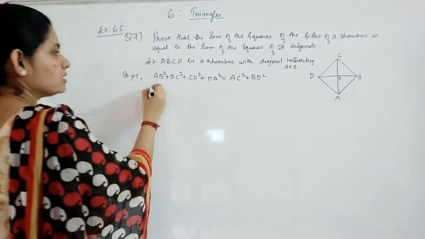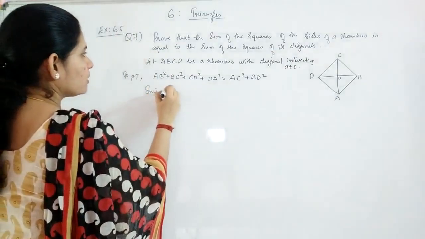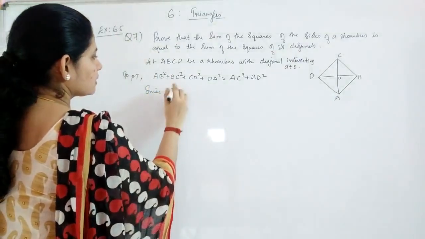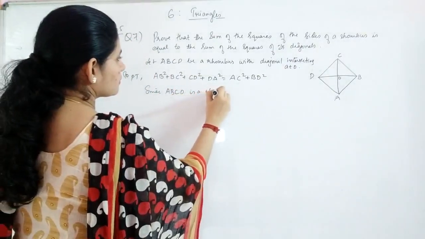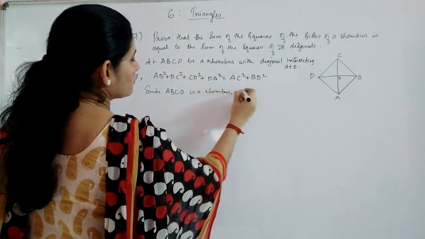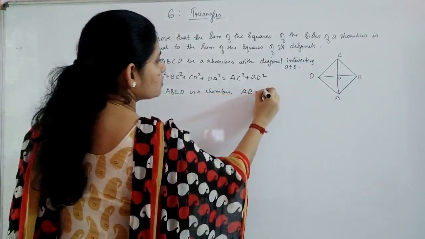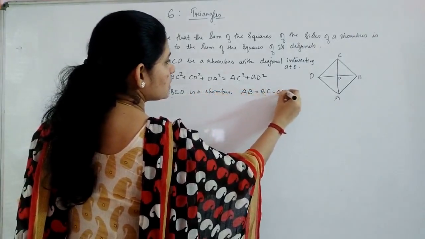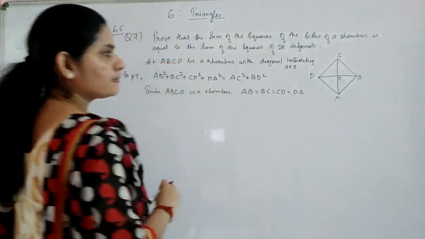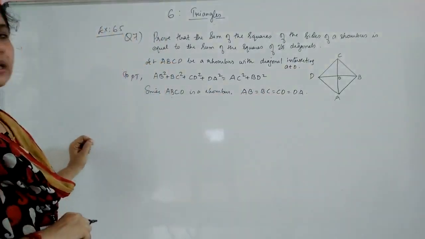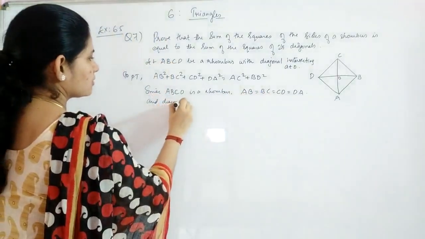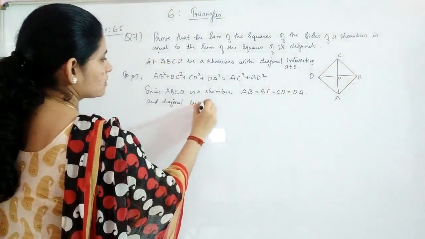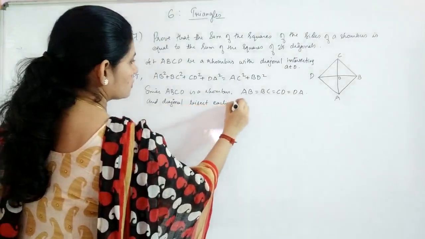Now since ABCD is a rhombus, what all do you have? We have AB equal to BC equal to CD equal to DA, and the diagonals bisect each other.